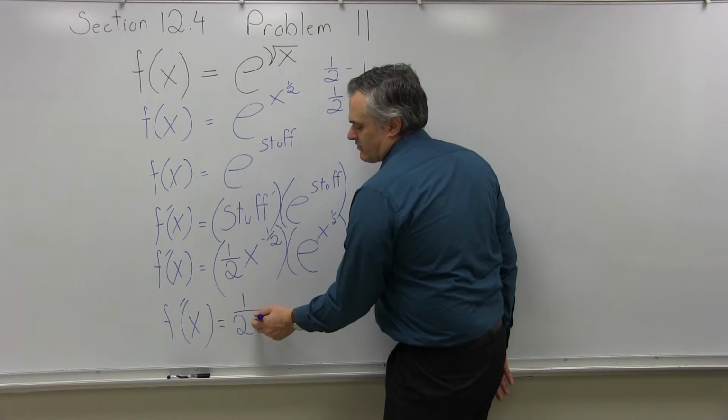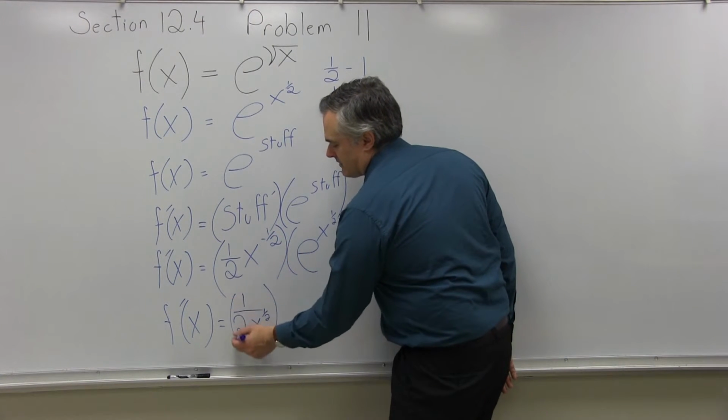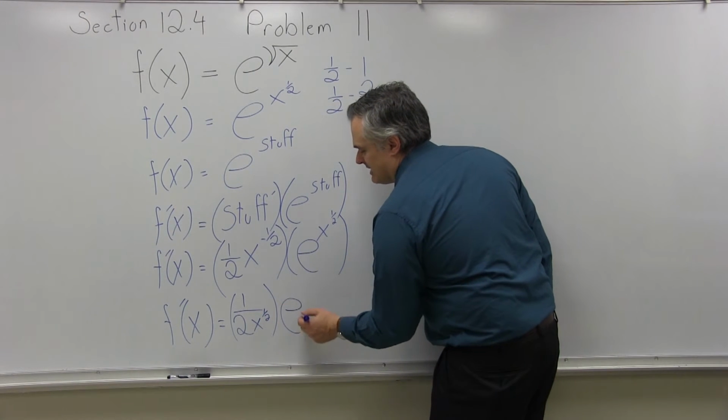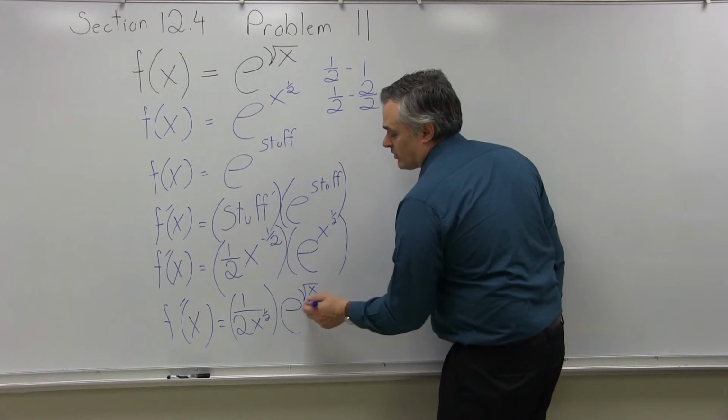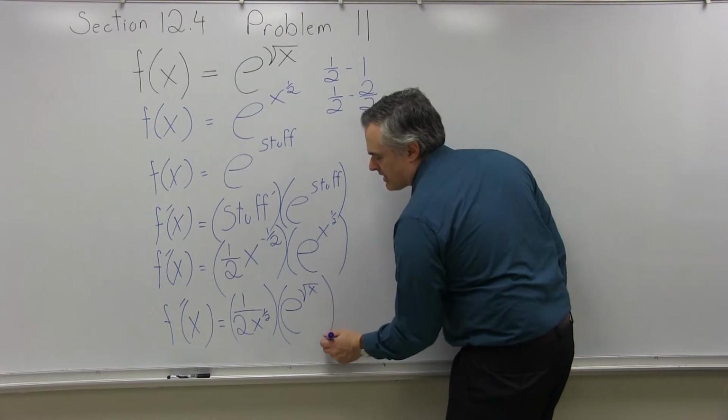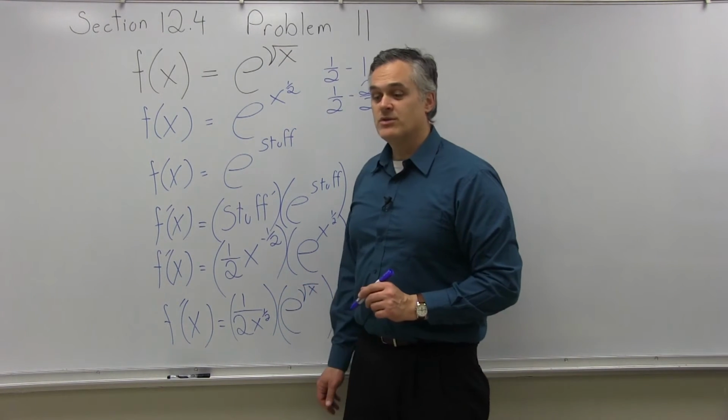So the x to the negative 1/2 will go back into the denominator, become x to the positive 1/2. And that can be times e to the square root of x again, if you like, instead of x to the 1/2. You don't have to put the square roots back, but if you want to, you can.